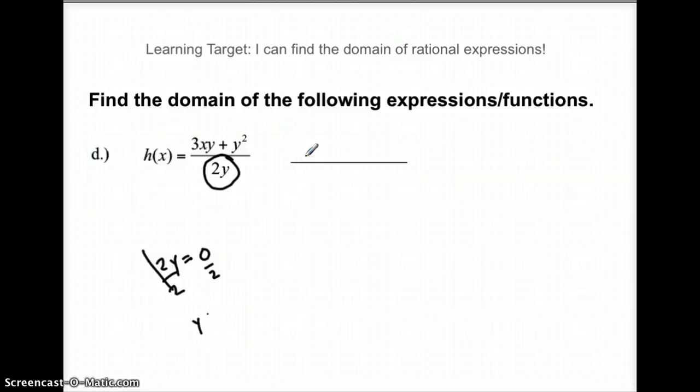So that would be my domain. Everything would work, all real, except, oops, not an x. I need a y. Except y cannot be that 0, because plugging in a 0 for y would make the whole thing be a 0, and that would be bad.